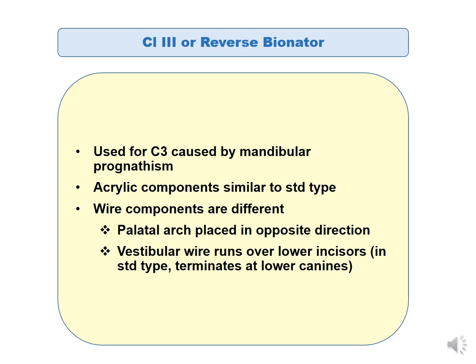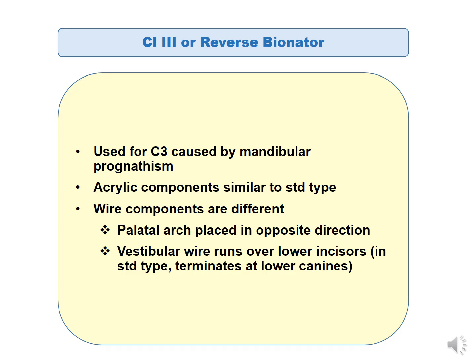Now class 3 or reverse bionator is used for class 3 malocclusions caused by mandibular prognathism. The acrylic components are the same as the standard type of bionator, but the wire components are different.